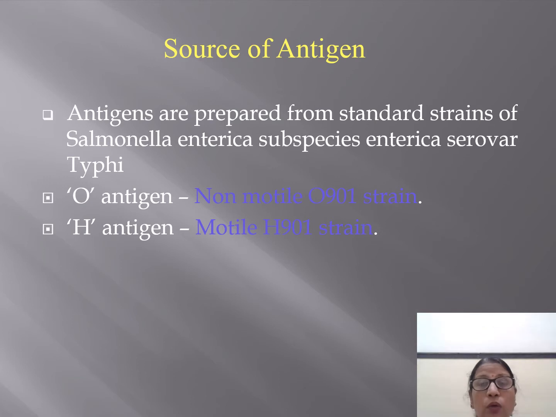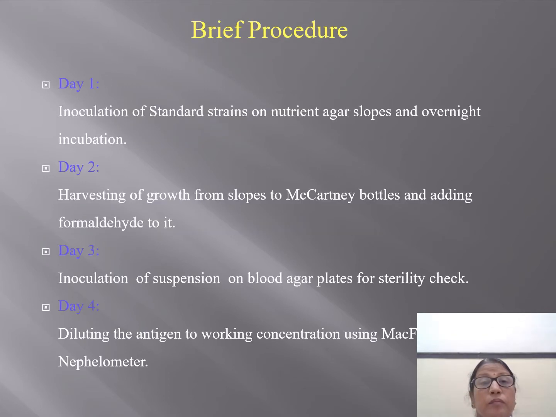Because here we want only somatic antigen, not the flagellar antigen. Somatic antigen we have to prepare, hence non-motile strain is taken up so that we can have pure somatic antigen. H antigen is prepared from motile strain H901 because only the motile strain will have flagella, and with that strain we can prepare H antigen.